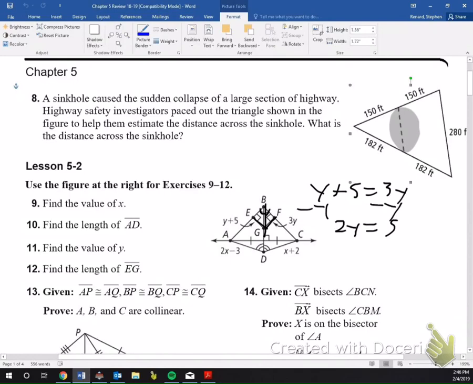We get 2y equals 5, or y equals 2.5. Which again sucks that we're using decimals, but oh well, we can handle it. We're big boys and girls. So y equals 2.5. We need to find the length of EG. We know that EG is y plus 5, so we're going to do 2.5 plus 5, or 7.5.